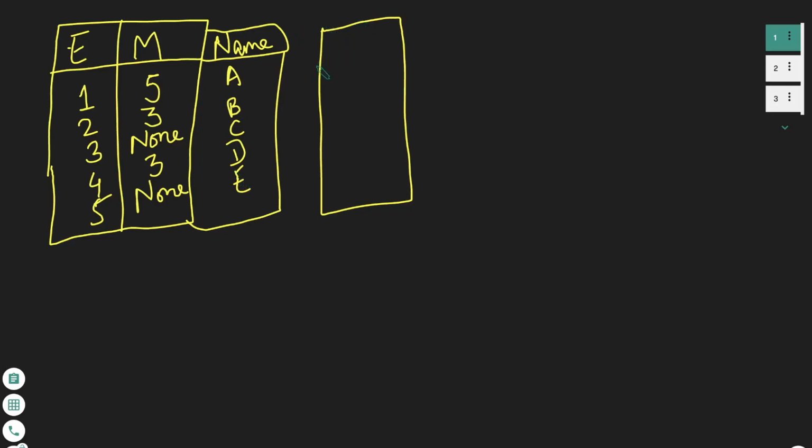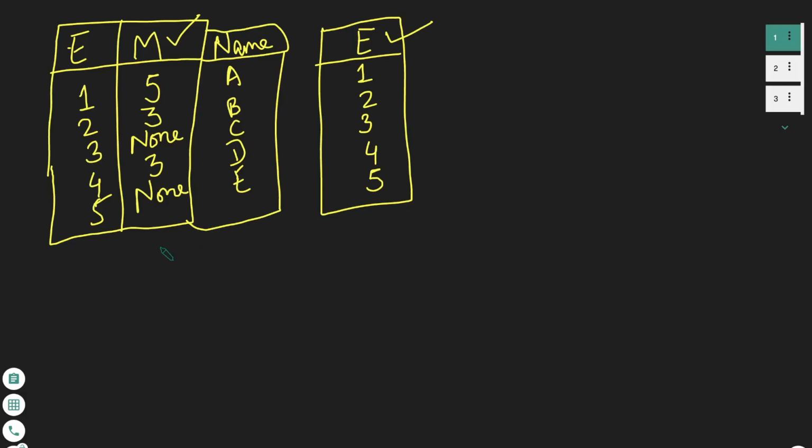In my second table, let me just consider the list of all employees, which is 1, 2, 3, 4, and 5. So what I'll be doing is joining this column from the first table with this column on the second table.